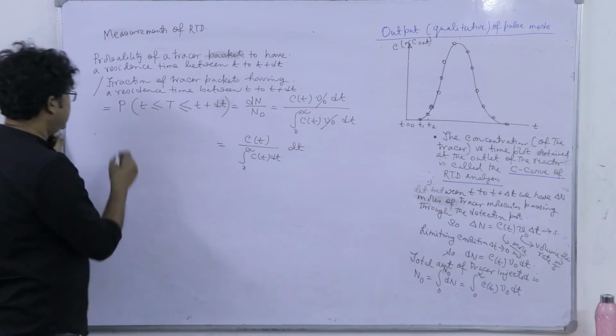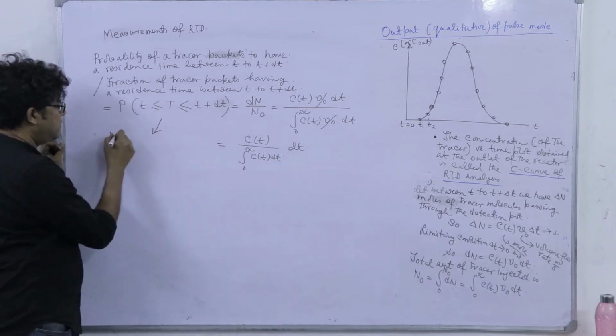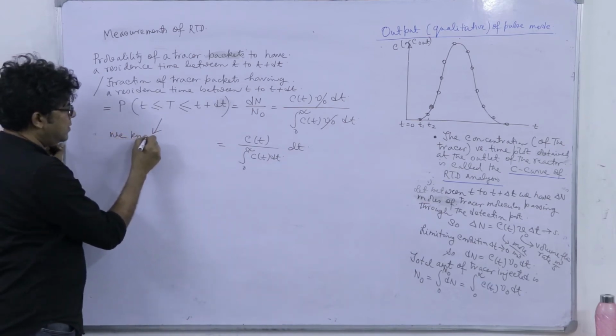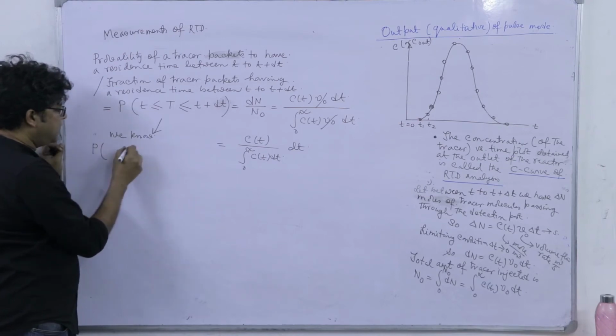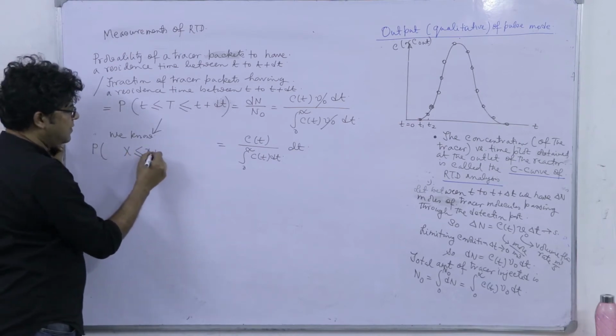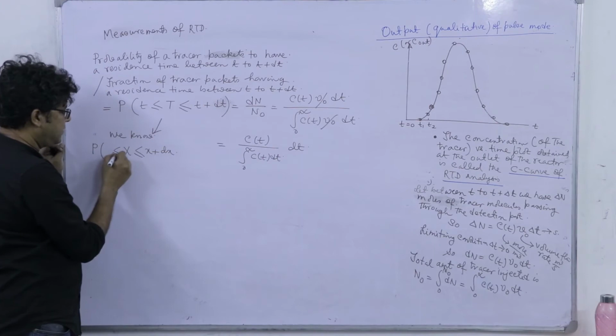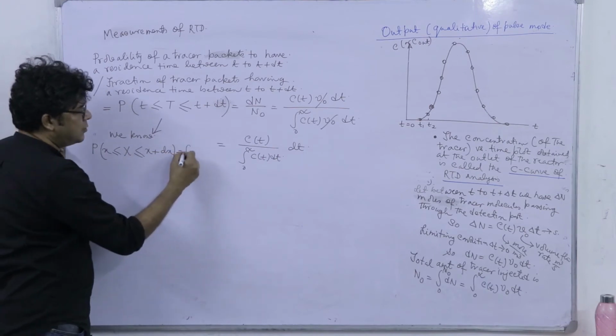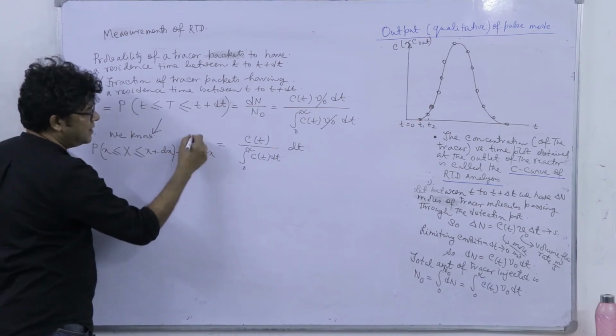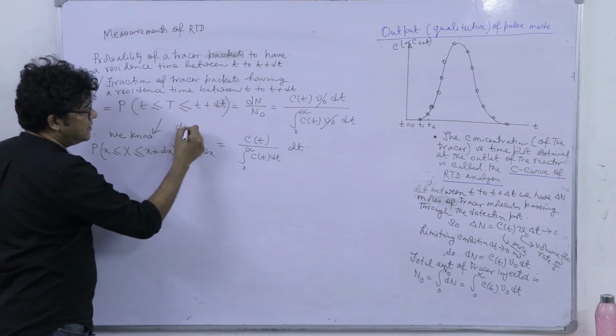And we know that the probability of a variate to have a value between x and x plus dx is equal to fx dx, right, and this fx we call the distribution function.